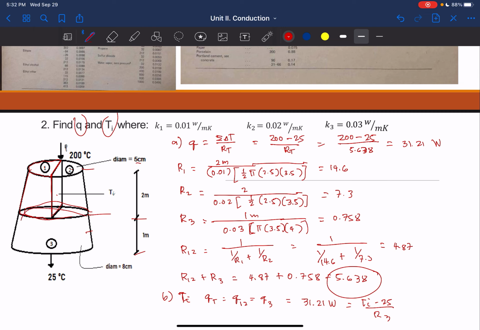Take note, sorry for this location, it could just be same here as yung TI pala yung nandito. So that basically you'd end up getting TI to be 48.66 degrees Celsius. So this is how easy it is.